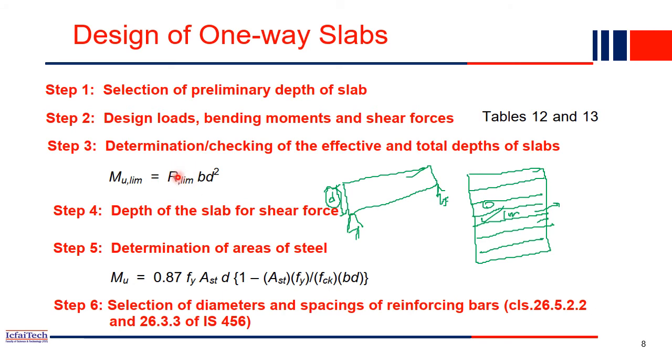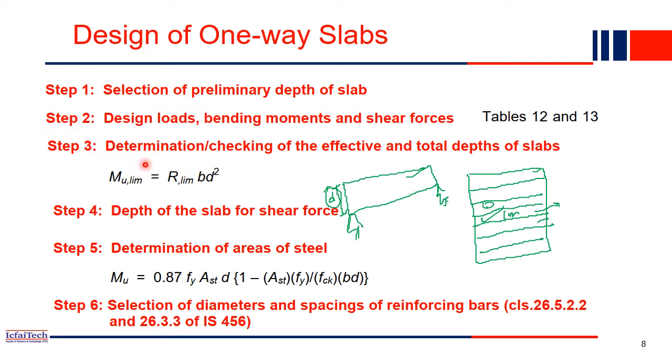B is basically the 1 meter width of the beam. From this expression we know Mu, we know R lim, we know B, so we can find out D. If that D is less than what we assumed earlier, then our beam is safe. If this D is more than what we assumed at step 1, then we have to increase the depth of the slab. Then the process will start again from step 1.